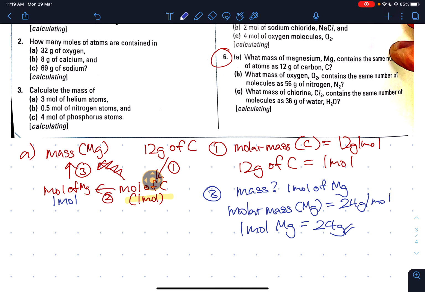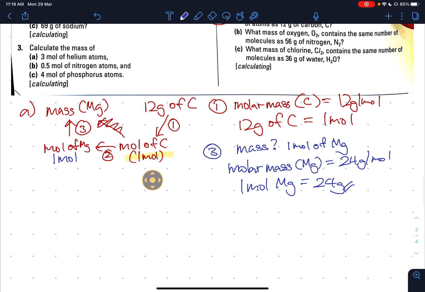Let's try again. Next one, let's do B. Now they want to ask you what is the mass of oxygen that has the same number of molecules as 56 grams of nitrogen.